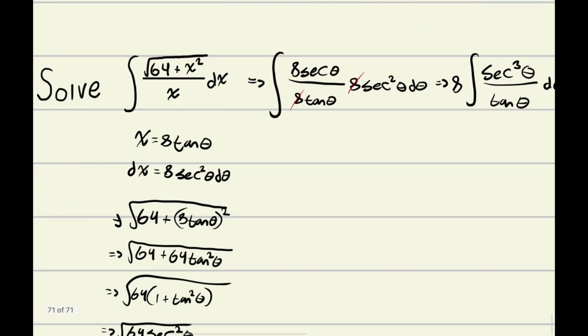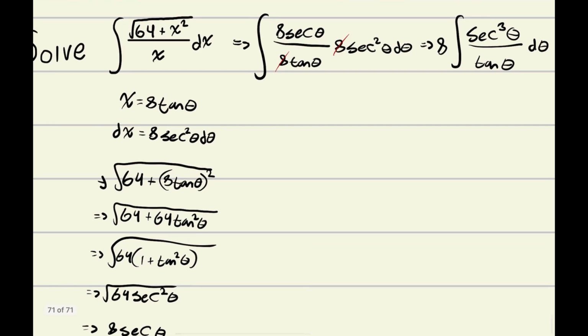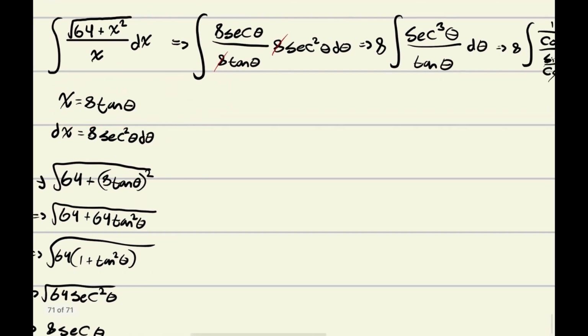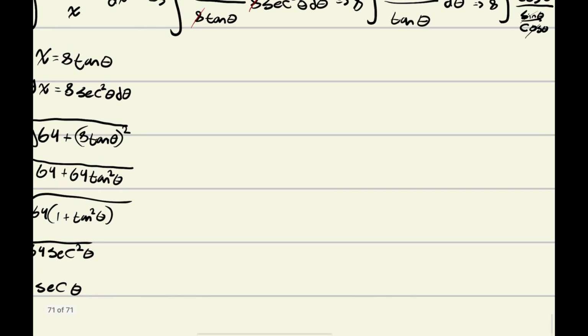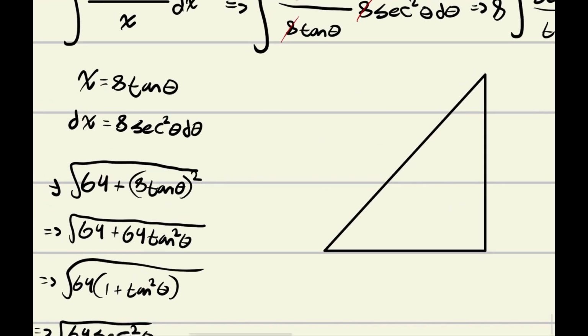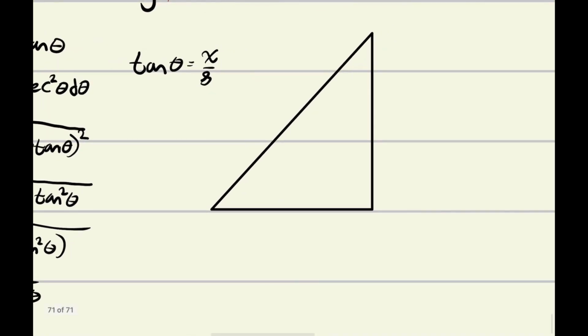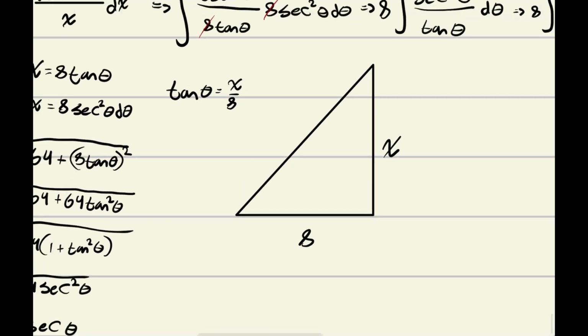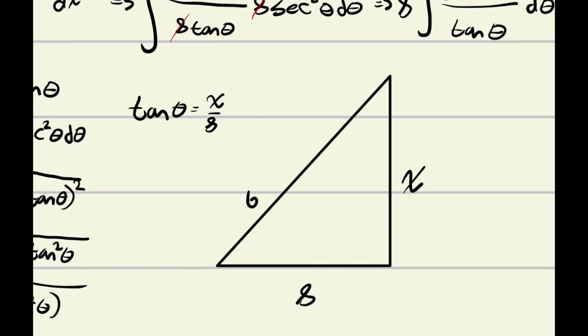If we go all the way to the beginning again, we can see x is equal to 8 tan theta. Let's draw out a triangle. Since x is equal to 8 tan theta, that means tan theta is equal to x over 8. Tangent is opposite over adjacent, so we know this is x and this is 8, and that would mean that this is the square root of 64 plus x squared.